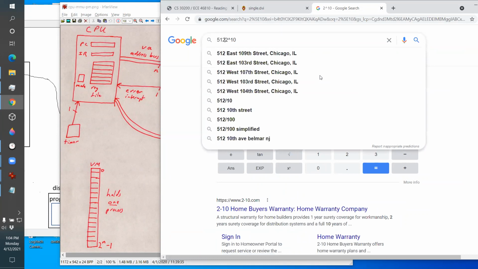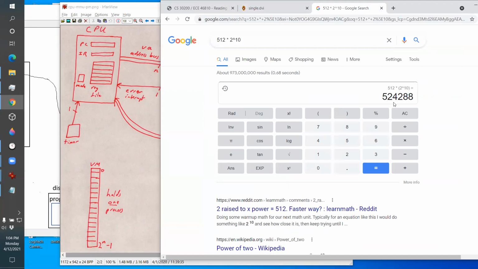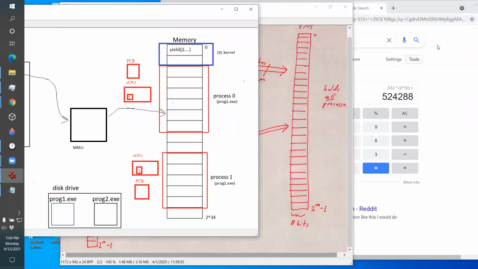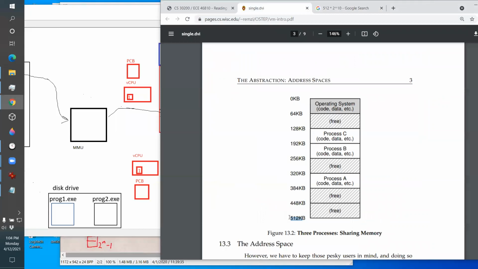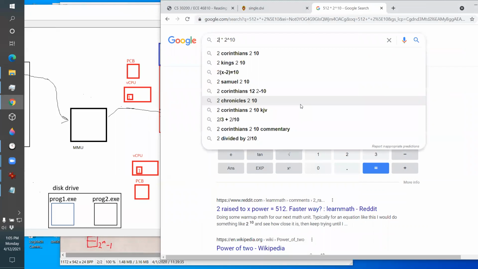Notice that 512 kilobytes is actually 524,000 because the kilo is not 1,000, it's 1,024. Now what's 512? Remember what power of 2 that is? 2 to the 5th?